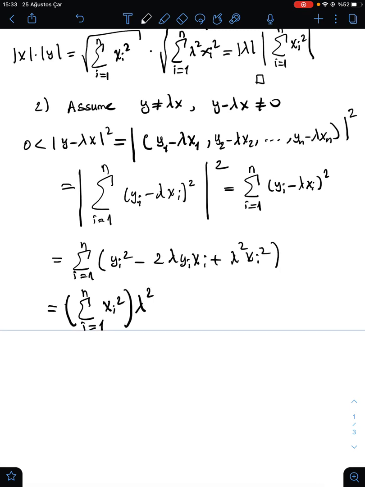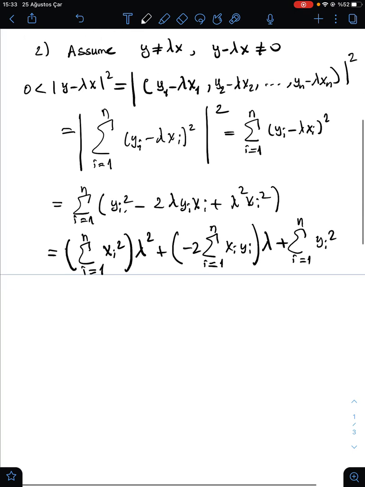So it is the lambda squared coefficient plus, I'm just expanding this sum, the lambda's coefficient, which is this, times lambda, plus the constant coefficient in terms of lambda, which is the sum from i equals 1 to n of yi squared.